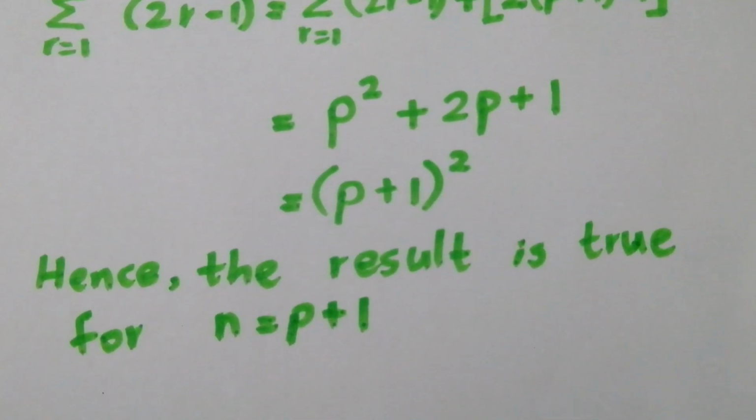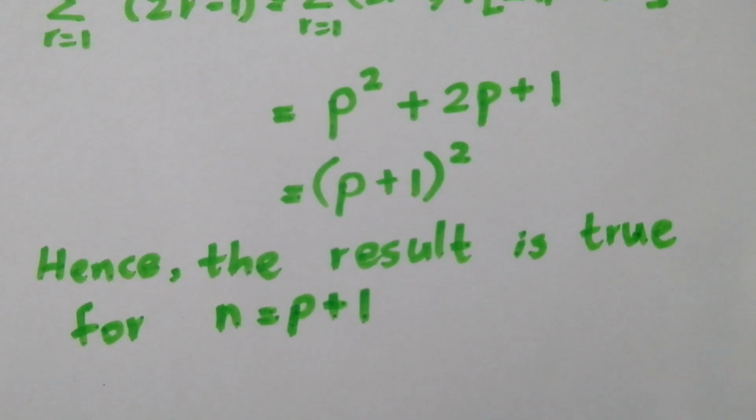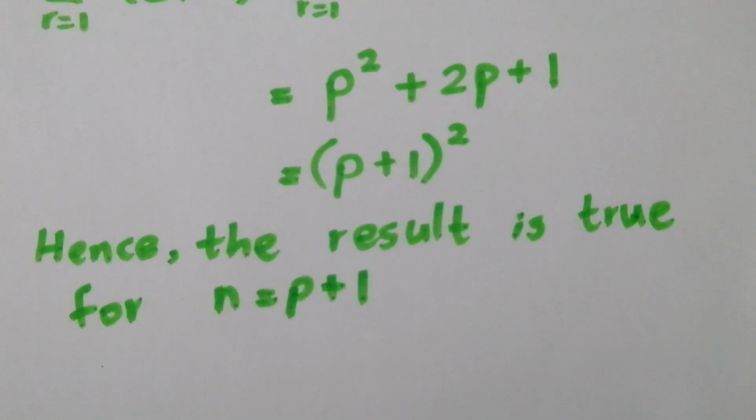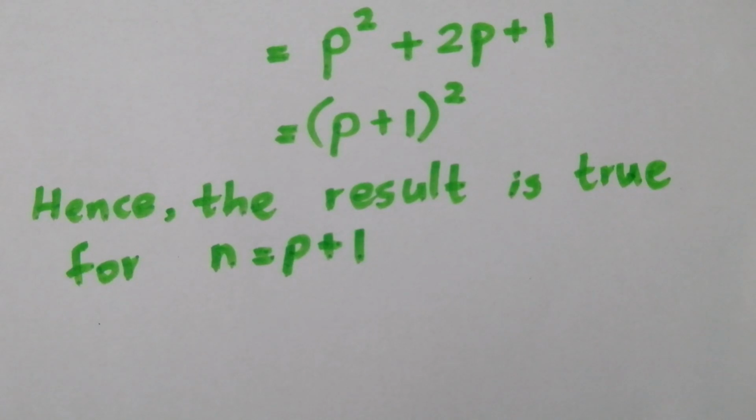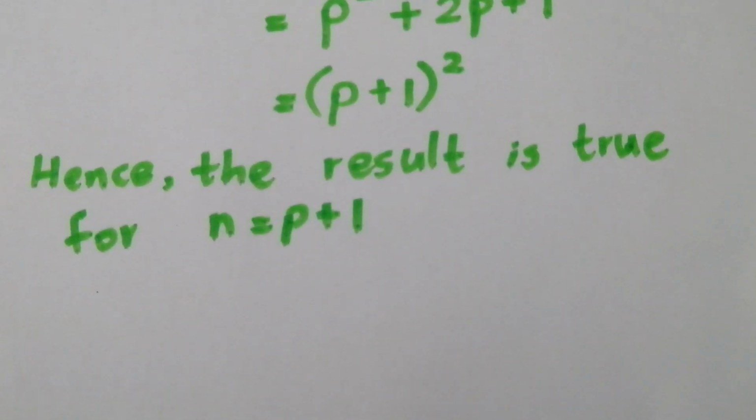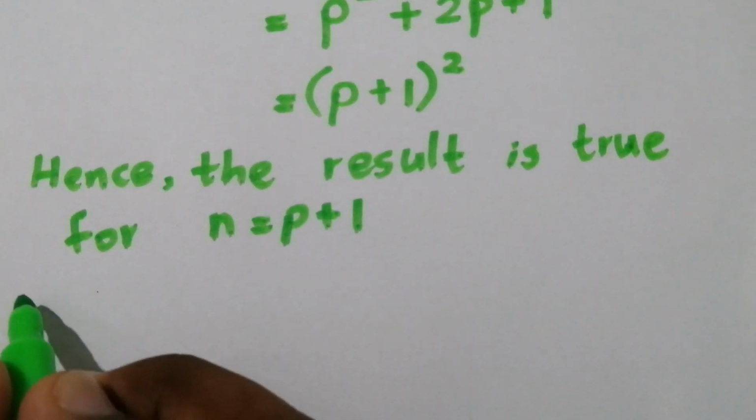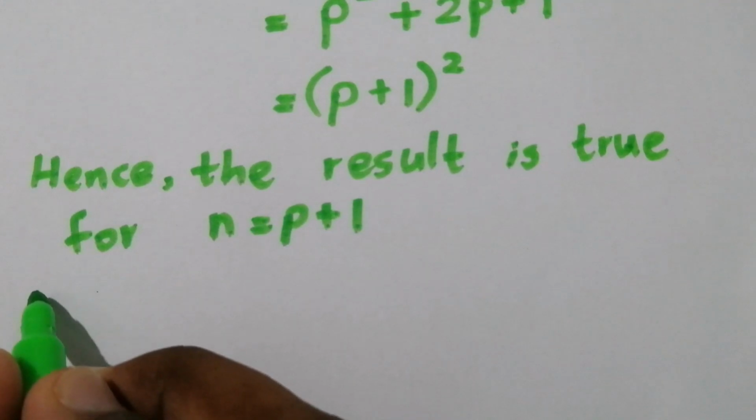Finally, we have to write the final step. We have already proved that the result is true when n equals 1. Then we took the assumption that the result is true for n equal p. Then we proved that the result is true for n equal p plus 1 also. Then we write the final step in every mathematical induction type question.